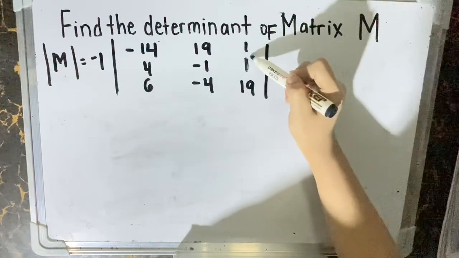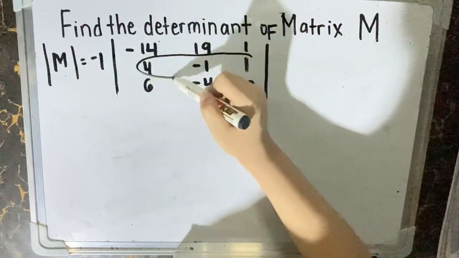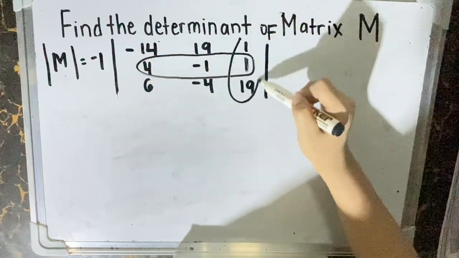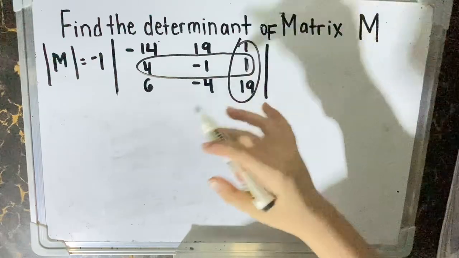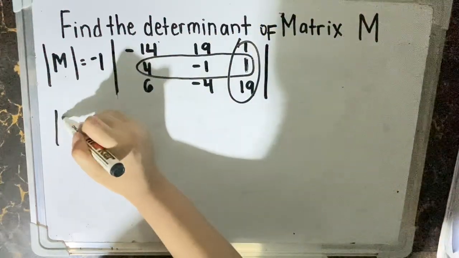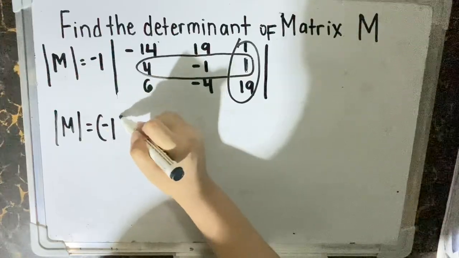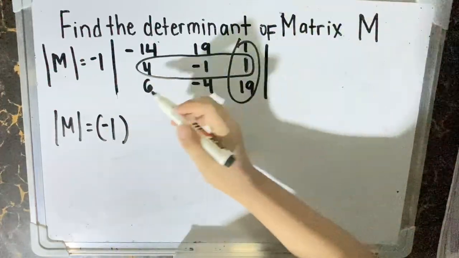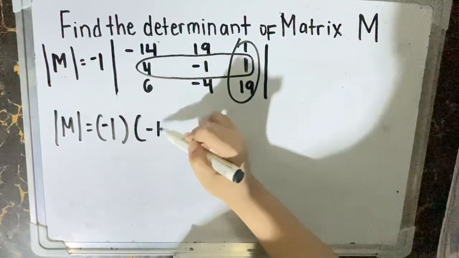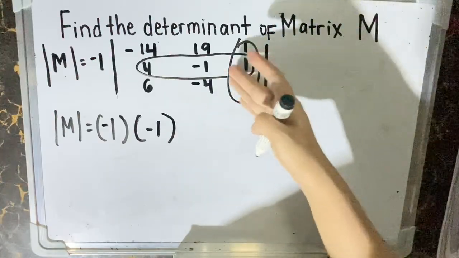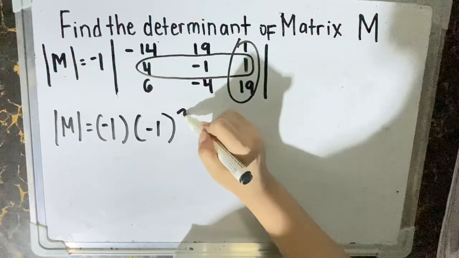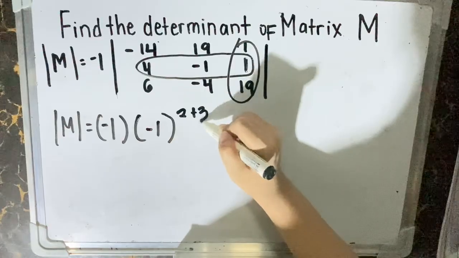Yung pivot point na nasa second row and third column. And then, let's proceed to the next step. Sulat lang natin to. And then, don't forget this negative 1. Tapos, yung pivotal element natin, negative 1, raise to 2 plus 3.